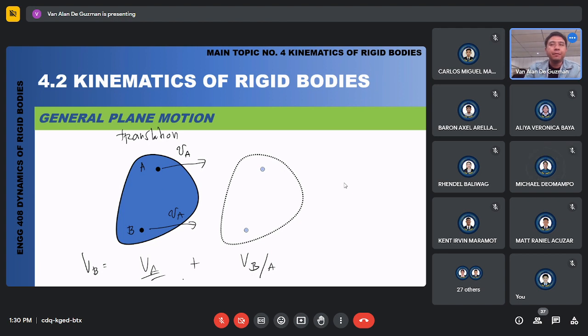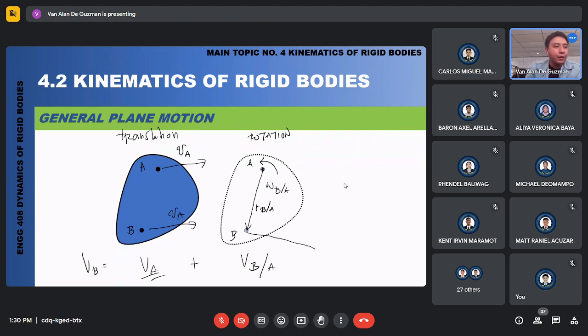Okay po, sir. Sunod natin, rotation. Same point A, same point B. This is our axis of rotation. Dito tayo nag-rotate. Meaning to say, nandito yung ating angular velocity, omega B relative to A. This one, r B relative to A. Paano natin susukatin yung ating linear velocity?